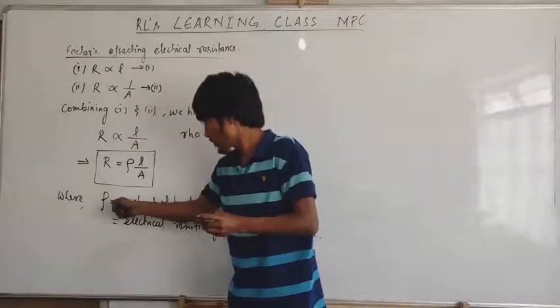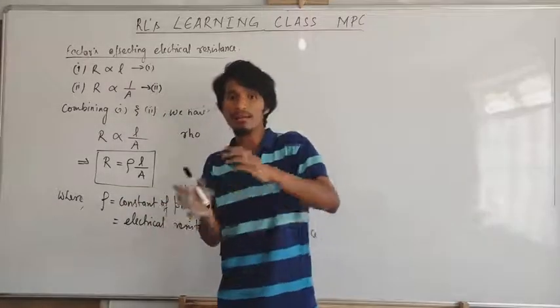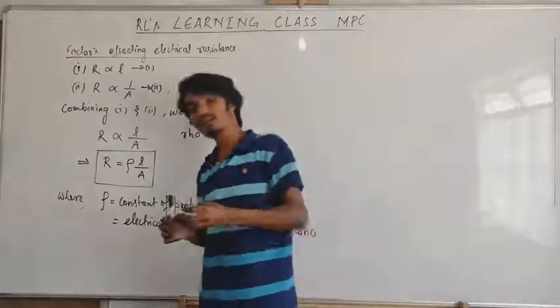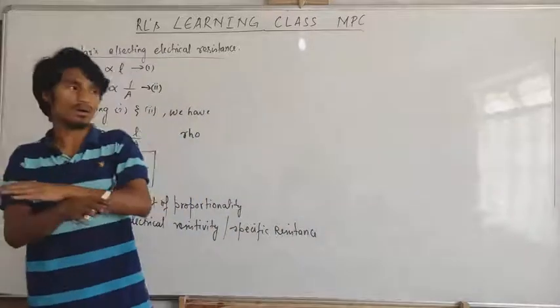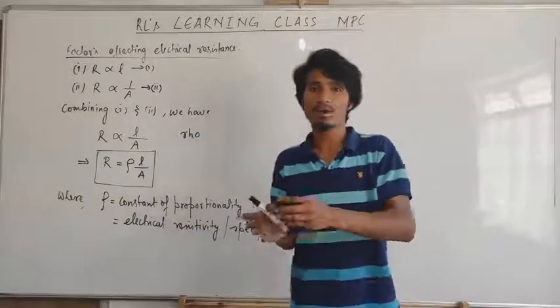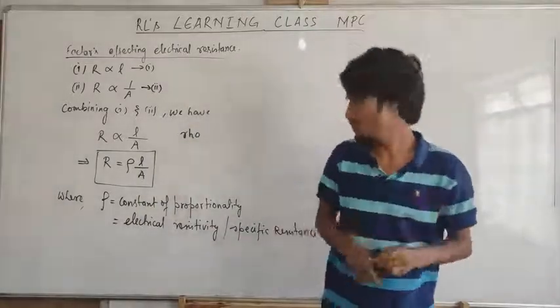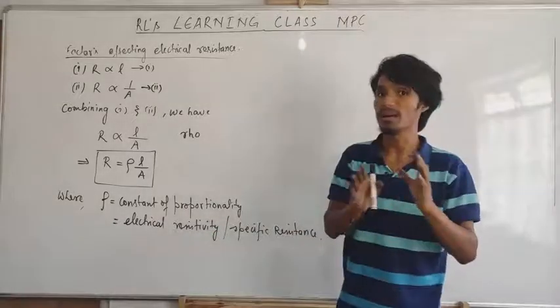But this rho, the electrical resistivity or specific resistance, remains the same whether the conductor is large or small in size, long in length, carried from one place to another, or the temperature is changing.